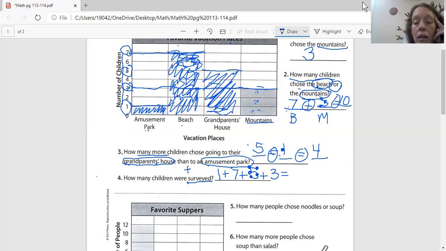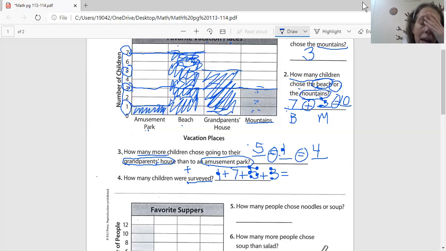And on 3, I have 3 touch points. 1, 2, 3. And on 1, I have 1 touch point right in the middle. So I'm going to add 7, then I'm going to add 5, then I'm going to add 3, and then I'm going to add 1. Okay? So let's start with 7.